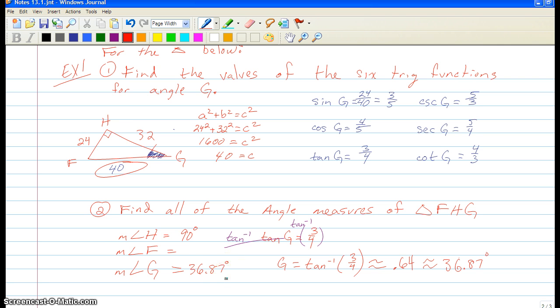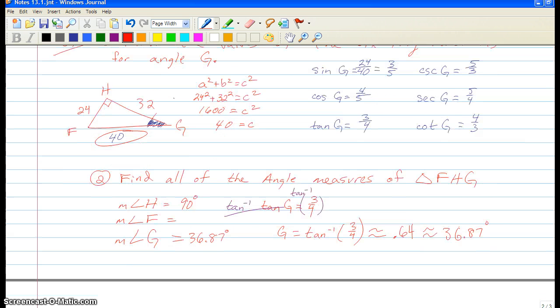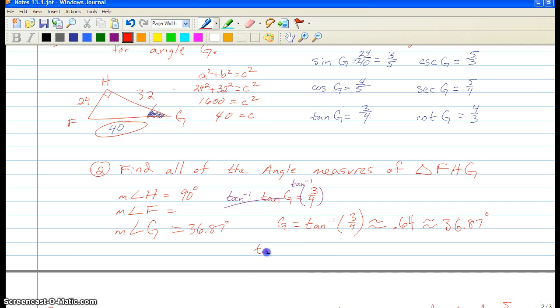To find f, we really should go back to the original information and use cotangent of f, or no, we can use tangent, can't we? 32 over 24. So let's go back and do tangent of f equals 32 over 24, opposite over adjacent.